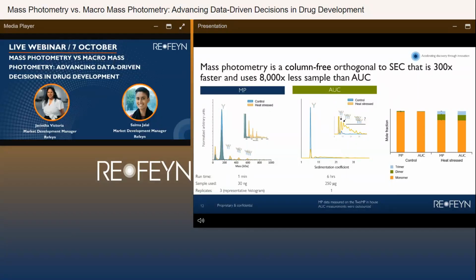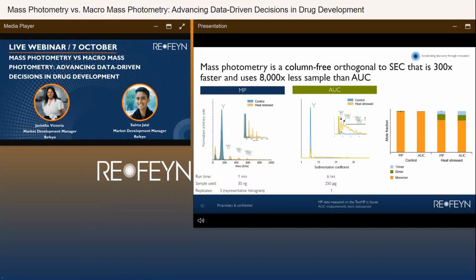So here we show mass photometry as an orthogonal to, and benchmarked to, AUC for assessing antibody aggregation in a forced degradation setting. So we have here a NIST antibody standard that has been exposed to a heat stress.